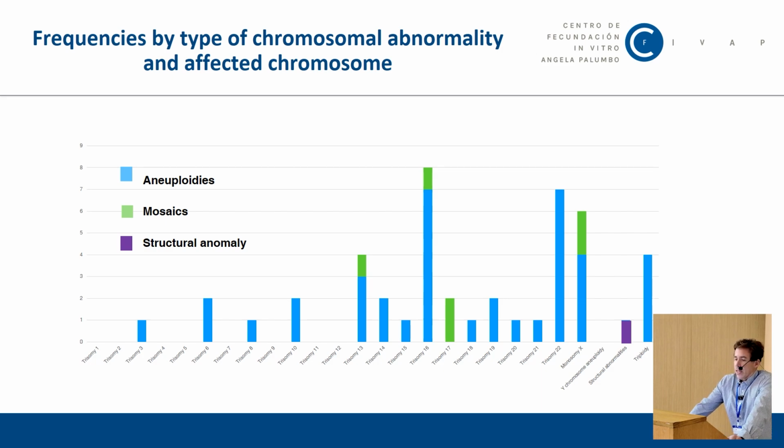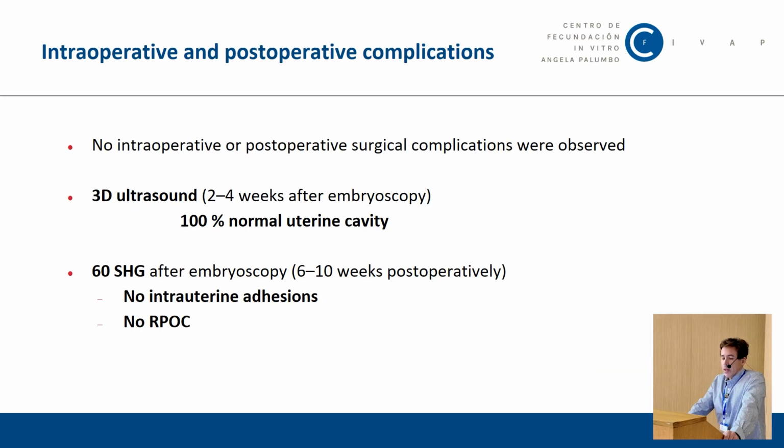Regarding the frequency of the type of abnormality, we can see that the most frequent was trisomy 16, then 22, and monosomy of X. There were more frequent aneuploidies than mosaics and structural anomalies. There were no intraoperative or postoperative surgical complications observed.